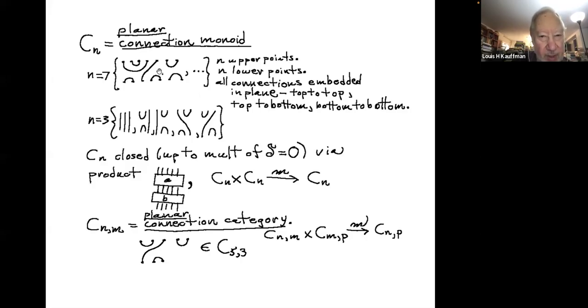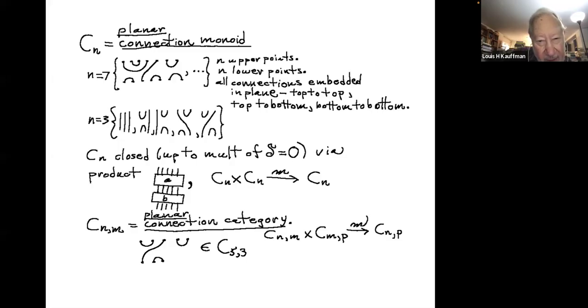You have a row of points, you have another row of points, and you consider all connections between them that either go top to top or top to bottom or bottom to bottom that do not cross in the plane, planar embedded connections. And planar embedded connections are closed under the composition that we mentioned. And so you have a combinatorial algebra there.